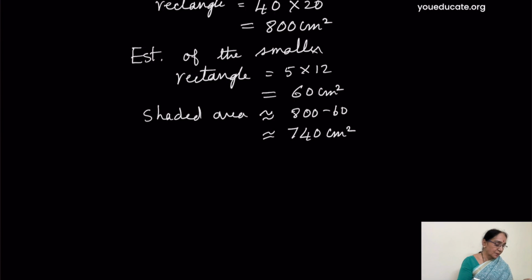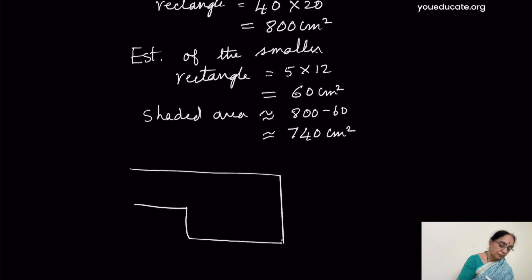We'll do another area question. So you have a shape like this and this length is 19.6 centimeters, 6.8 centimeters, 3.2 cm and this is 4.7 cm.